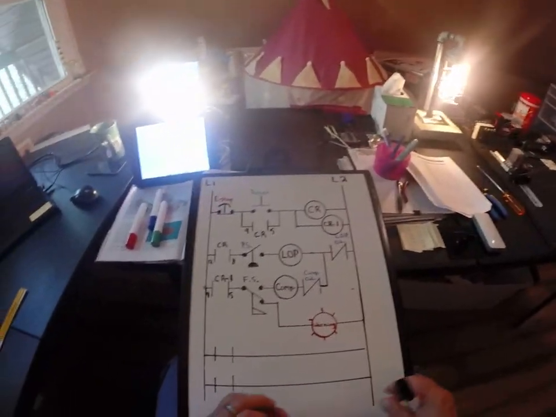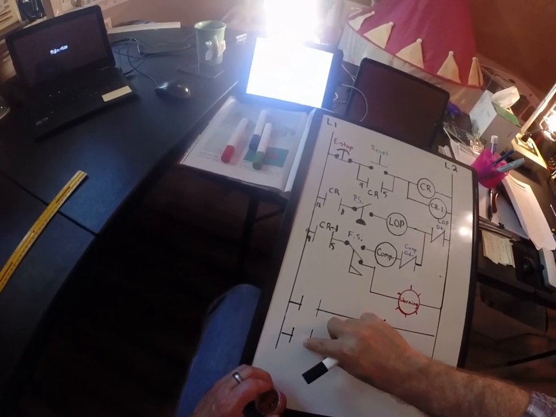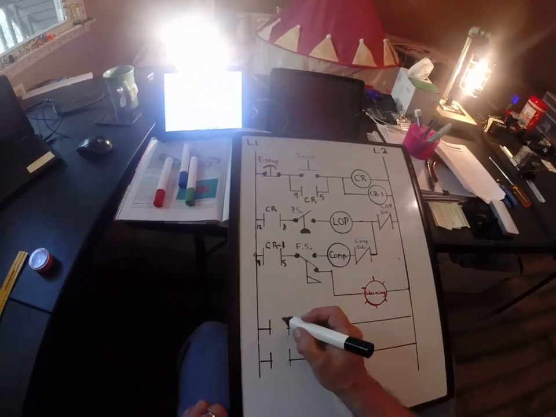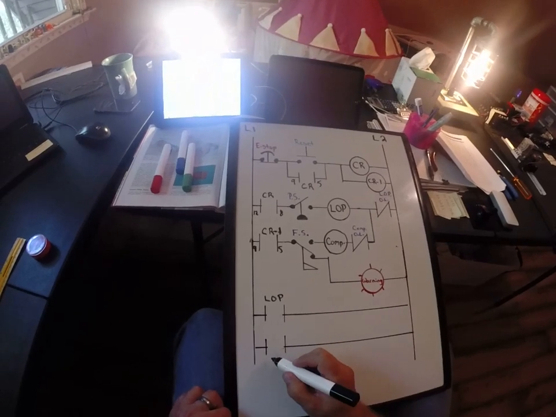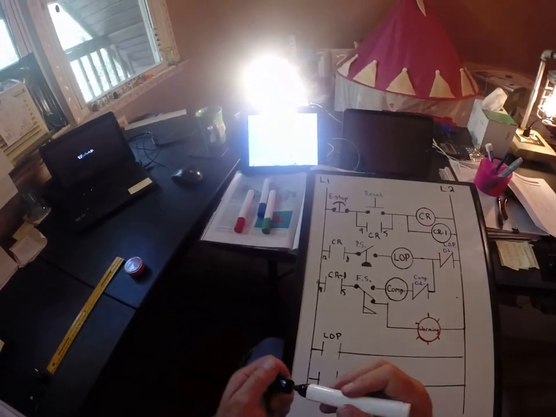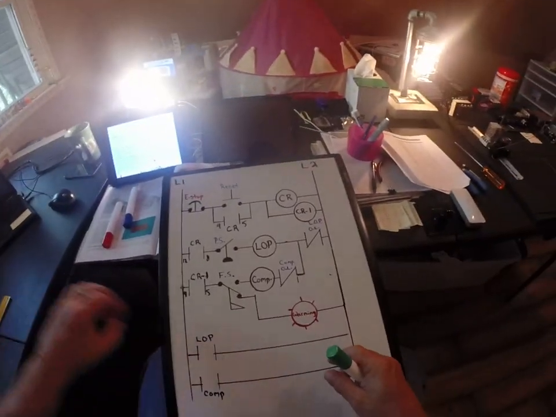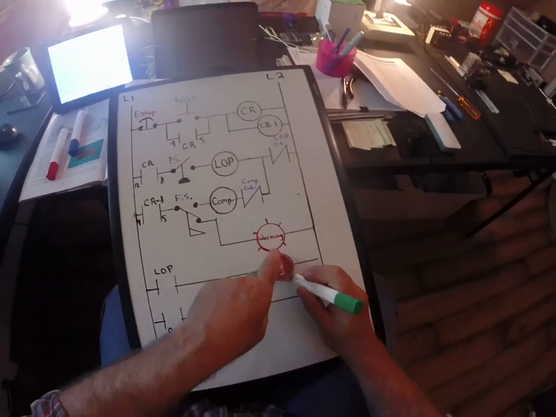We're going to then make those open contacts. We will call this LOP. We'll call this contact compressor, because once that coil energizes, I'm going to steal that auxiliary contact. And because we already have a red warning light, I guess what we'll do here is we'll take a green light.